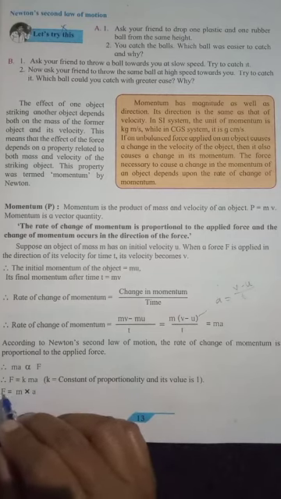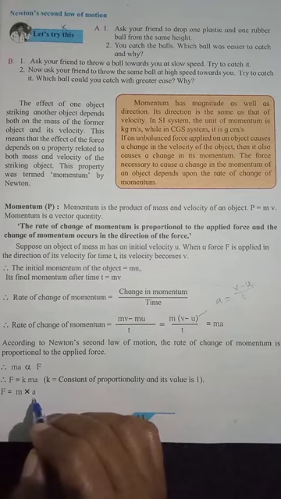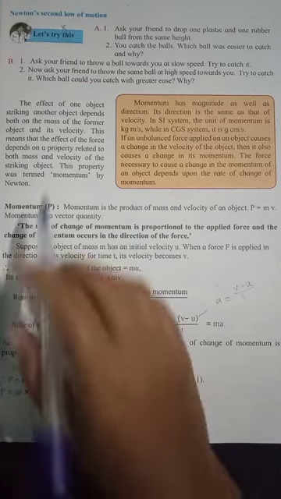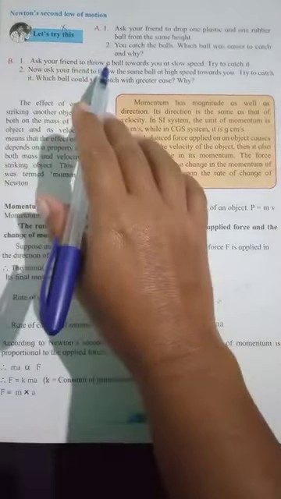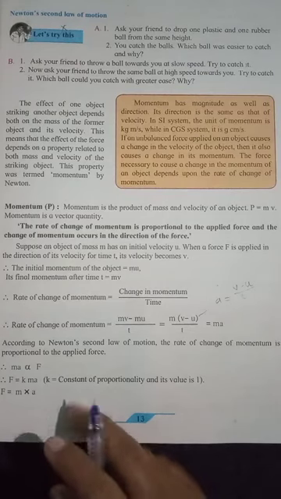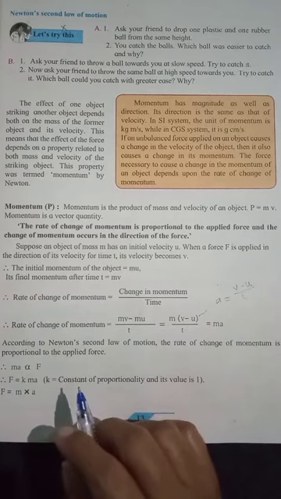It can be written as F is equal to m into a, that is the mass of the object into acceleration. Students, in short, this Newton's second law of motion says force is directly proportional to the acceleration. This law is related to the acceleration.